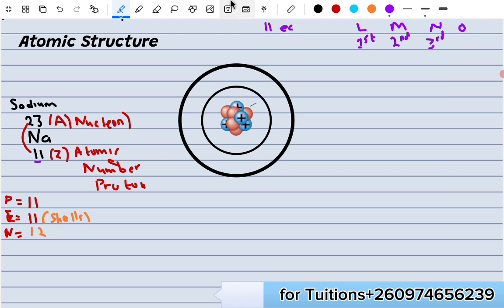I want you to follow this if you are learning this for the first time. It has 11 electrons. Now the way you put these 11 electrons in the shells is like this. According to the octet rule, let me write that so that you can Google it to learn further.